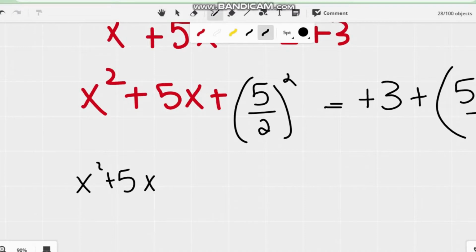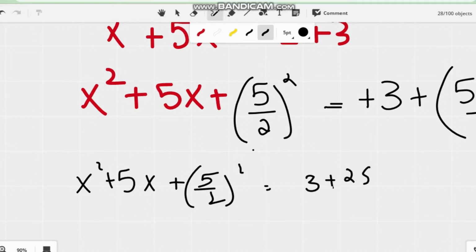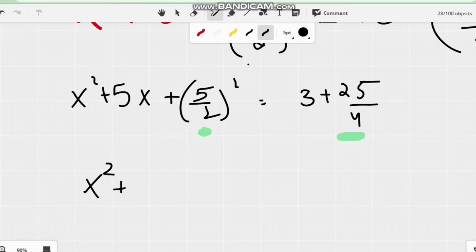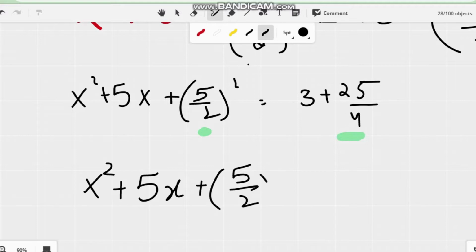We can also write in fraction form, or we can write in decimal form. So (5 divided by 2) squared I will write as it is, equals 3 plus 5 squared, which is 25, over 2 squared, which is 4. This one we will write as it is, but this one I have to simplify. x squared plus 5x plus (5 divided by 2) squared equals, we have to make the denominator the same. We will times the 4 on both sides here.